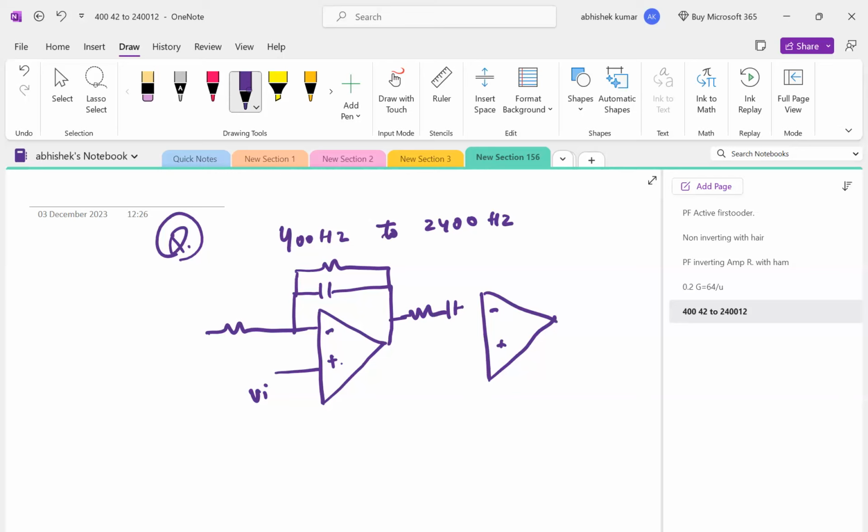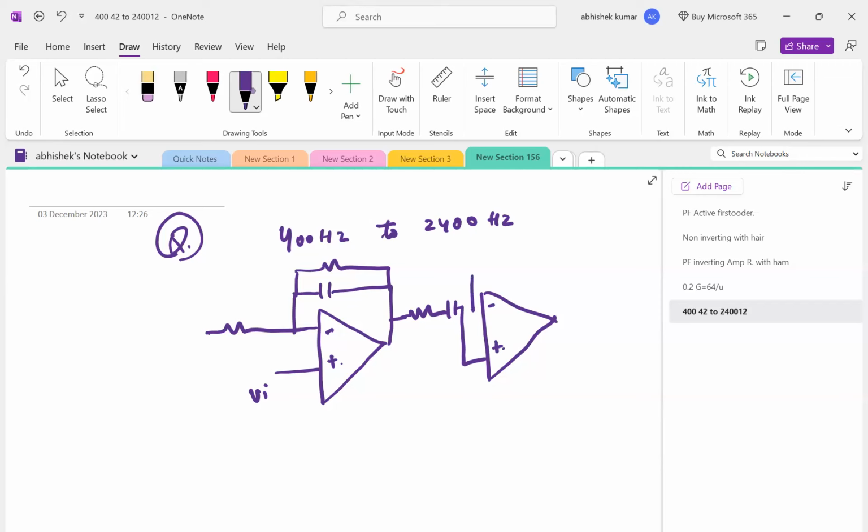It consists of two non-inverting filter stages, one low pass and one high pass, a combination of both.